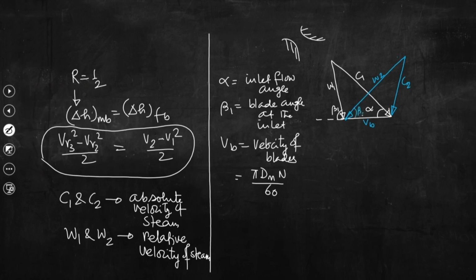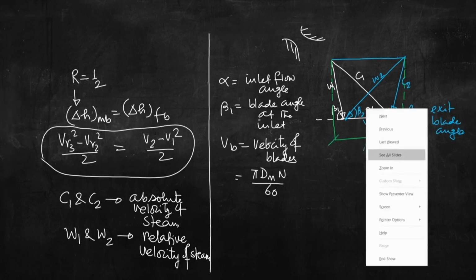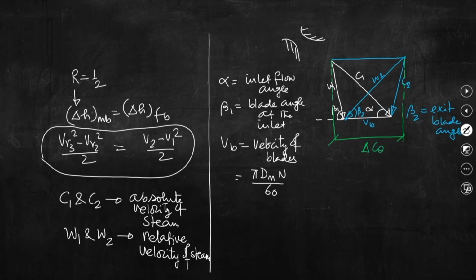So beta 2 is the exit blade angle, and if we now draw the change, this is basically delta C theta.